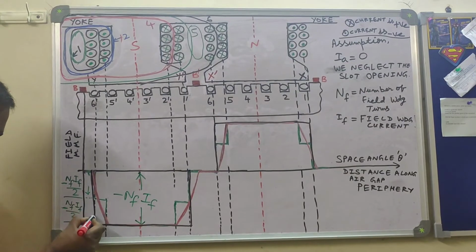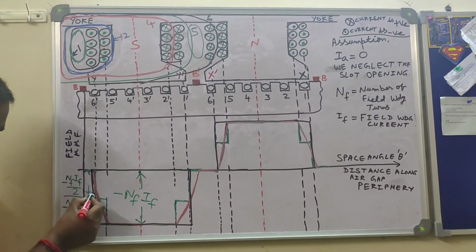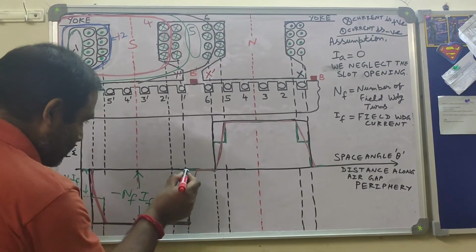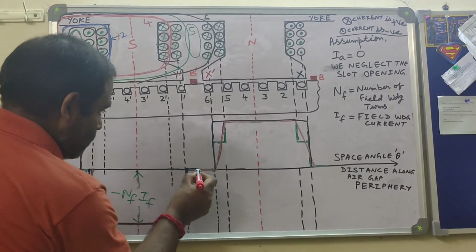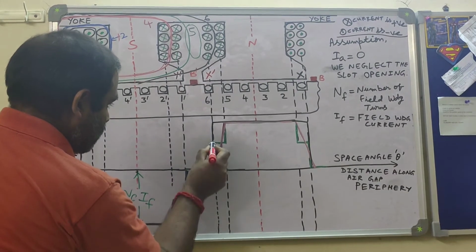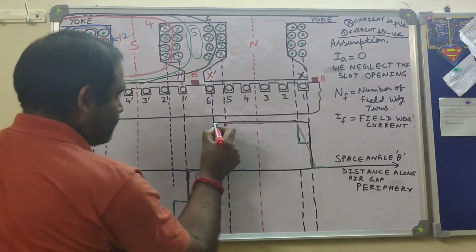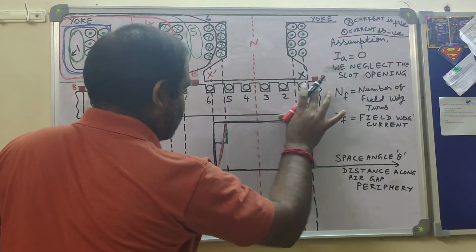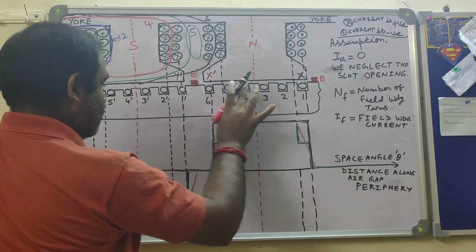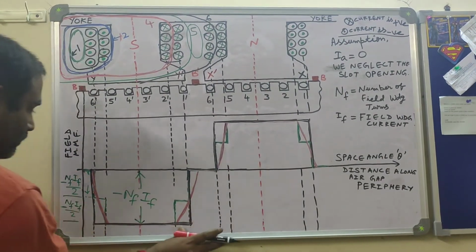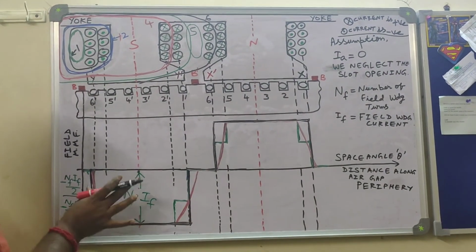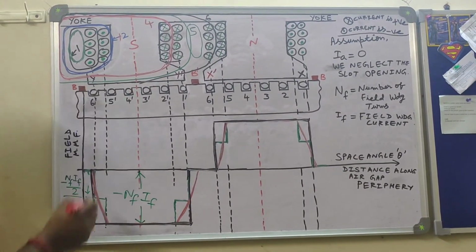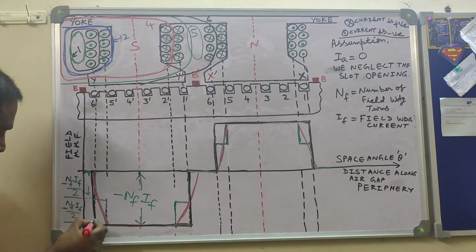Along this black line, you will find that the field MMF variation is shown by a step variation. So in some textbooks you will find the field MMF variation shown by a step variation.